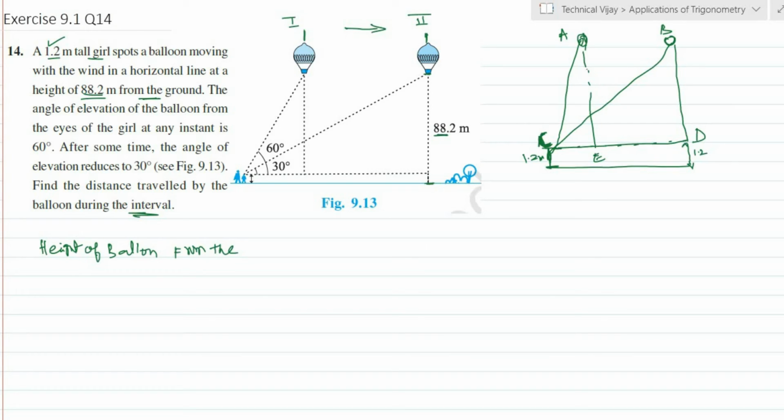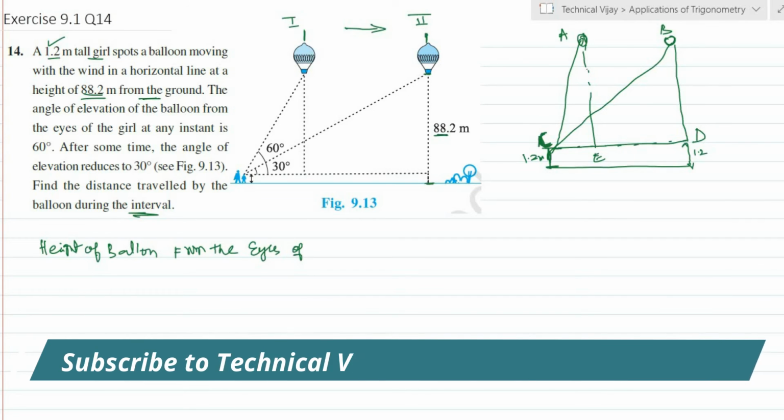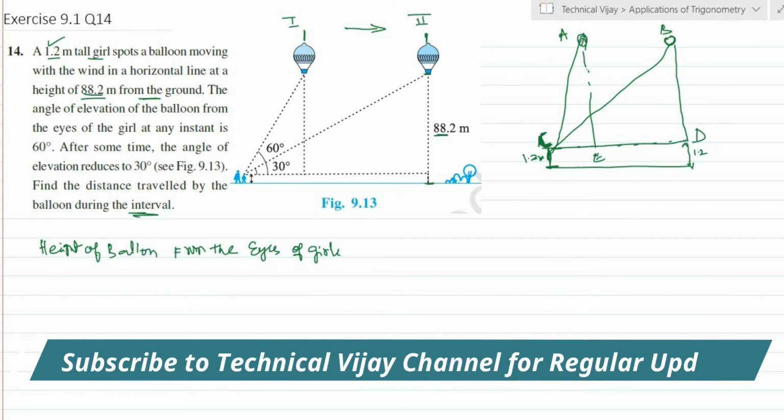The height of the balloon from the eyes of the girl is equal to 88.2 minus 1.2, which is equal to 87 meters. So the 87 meter distance will be here, that is BD.